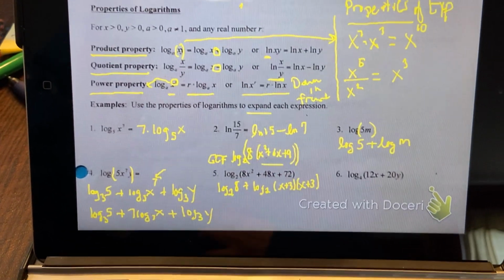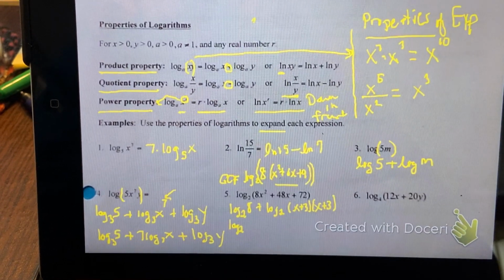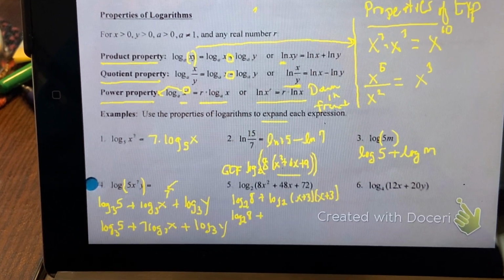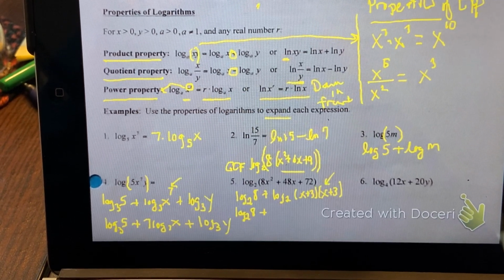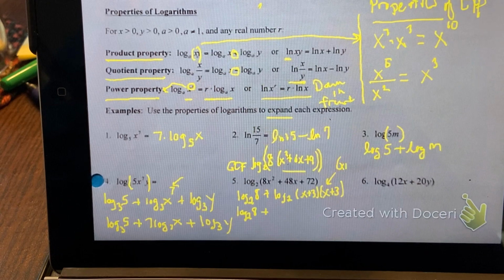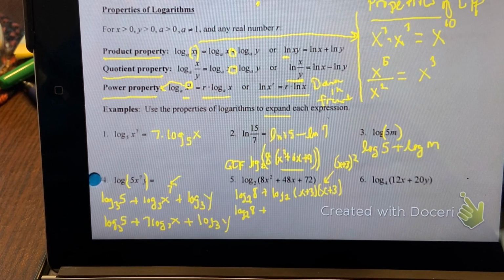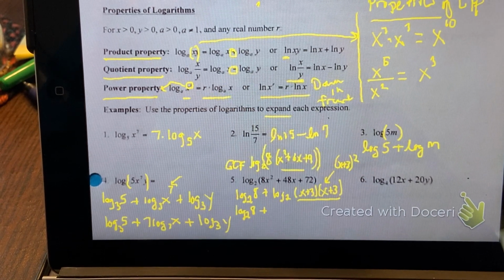All right, well, when I get to here, I can't do anything with log base 2 of 8 yet. Plus, now, isn't this x plus 3 quantity squared? So this is rewritten as x plus 3 quantity squared.